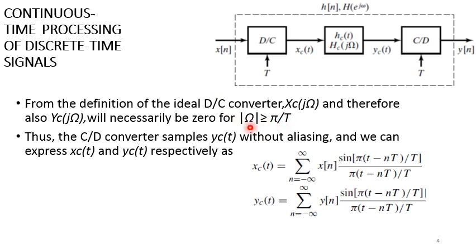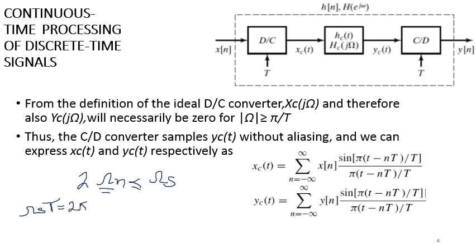Based on the Nyquist criteria, twice the maximum frequency must be less than the sampling frequency. You understand sampling frequency and sampling period. Sampling frequency we represent by omega s and the sampling period by T. So the relationship between them is equal to 2 pi, right?